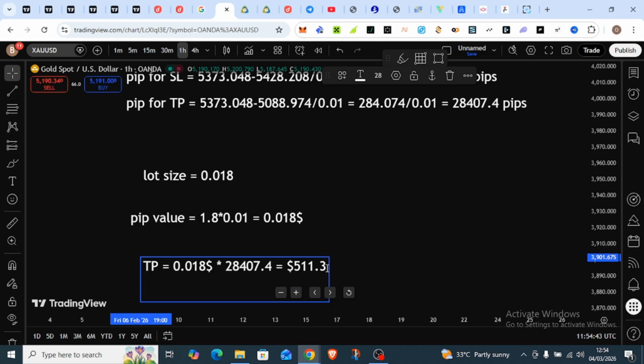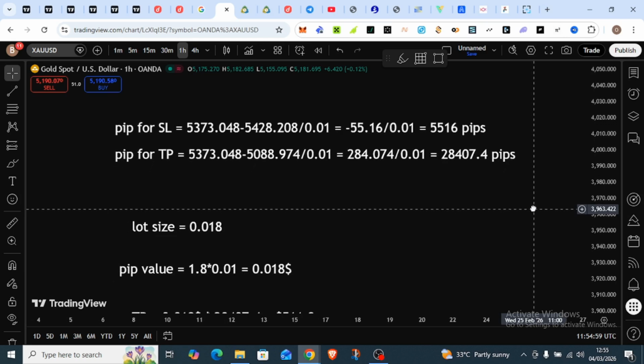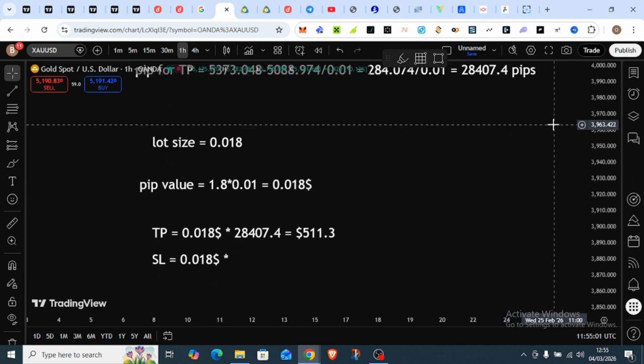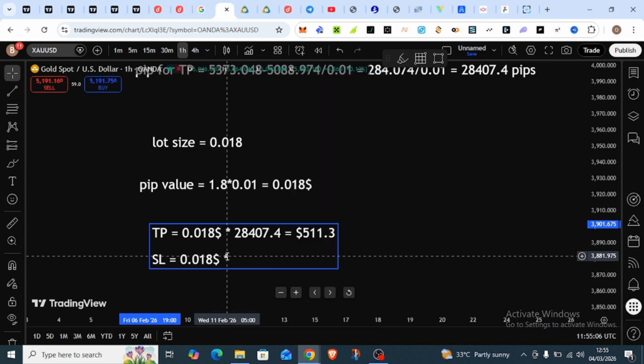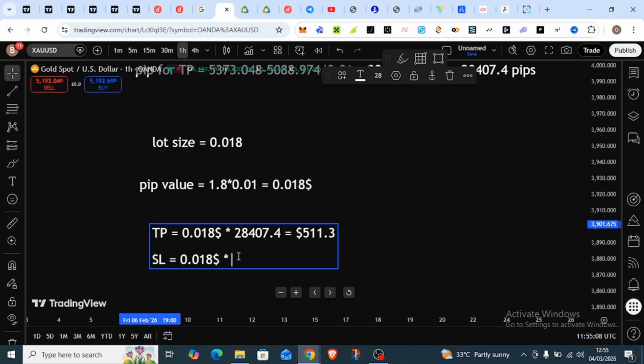Then let's also try for the SL. Assuming it goes against us, we still have to multiply the pip value 0.018 multiplied by 5516. Use your calculator.